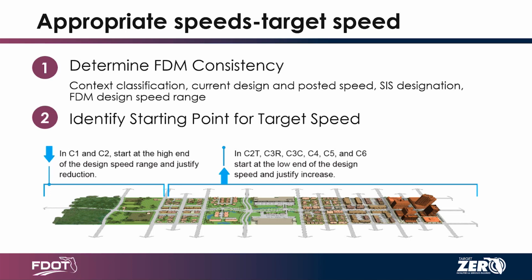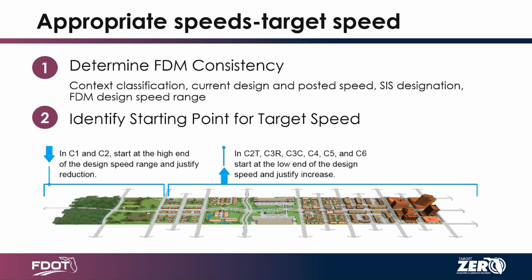As you bring this up, one really good thing about how FDOT's implemented complete streets, including context classification, has been kind of an ethic of we're going to be flexible and we're going to use common sense. So an example of C1, C2, where that design speed range is very high.